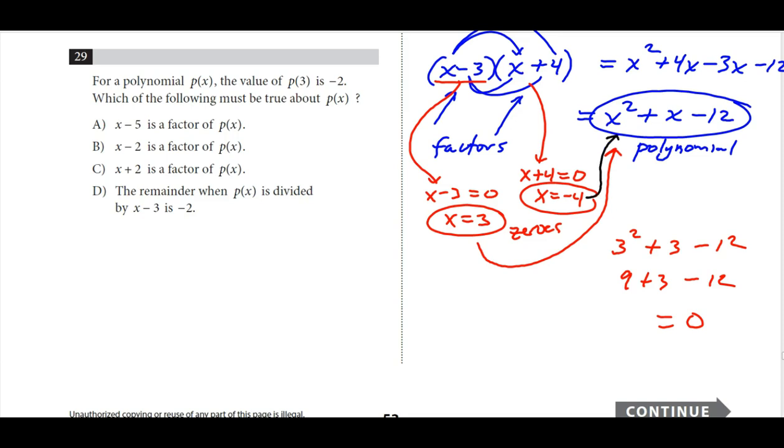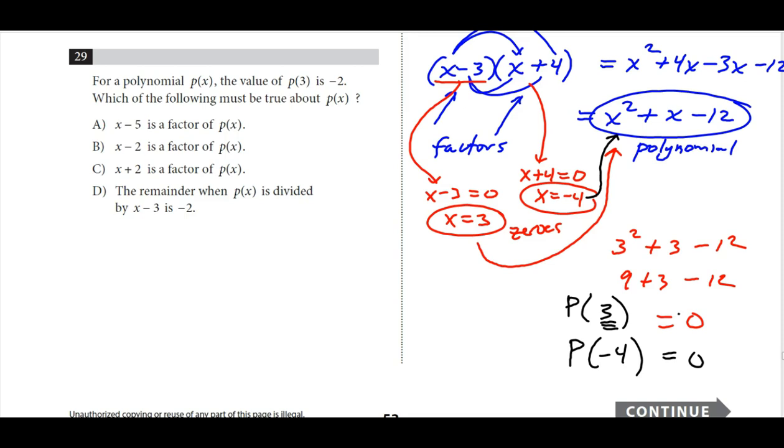All right, I would get 0. So using function notation, basically the polynomial, when you evaluate it at 3, you get 0. And the polynomial, when you evaluate it at negative 4, meaning you plug negative 4 in, you get 0. So there's a relationship here between this number that gives you zeros and the factors.